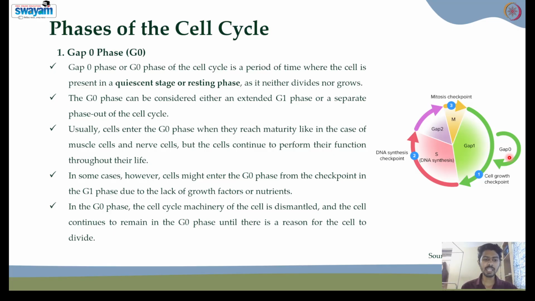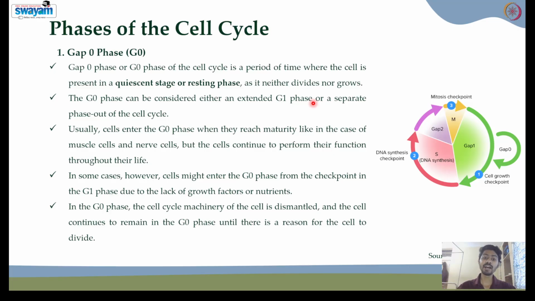In a normal condition, these cells exist in the G0 phase for a lifetime. But the cells continue to perform their function throughout their life. That's why I said it is a resting phase, but they are metabolically active. They perform their activity, but they are in the resting phase.